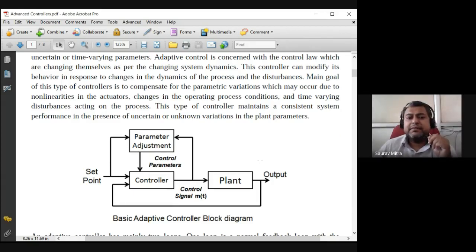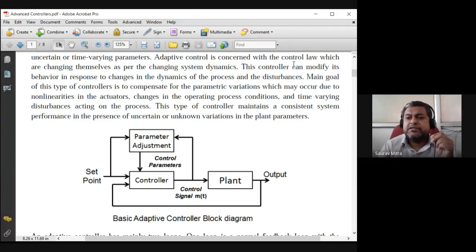So a very important line: adaptive control is concerned with the control law which is changing itself. So the control law is changing as per the changing system dynamics. This controller can modify its behavior in response to changes in the dynamics of the process and the disturbances. So disturbances: whenever you are driving a car, suddenly some car might come in your way.